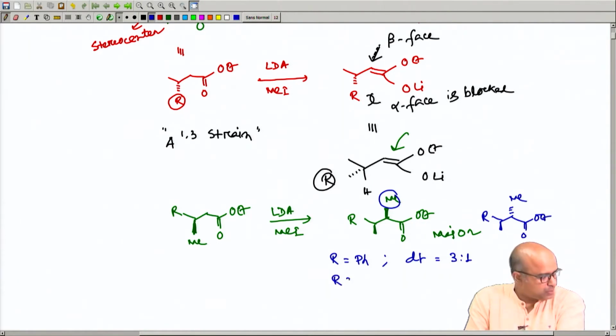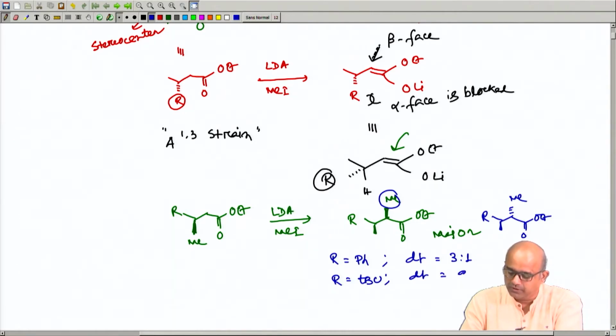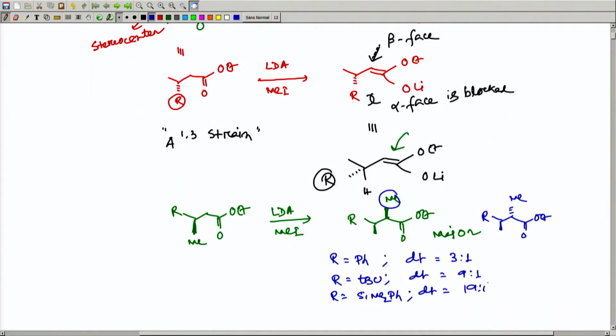You put a bulky group like tert-butyl, the diastereomeric ratio seems to be again good, 9:1. Further bulky group, and in this case if you have a silicon containing group, dimethylphenylsilyl, the diastereomeric ratio seems to be 19:1.